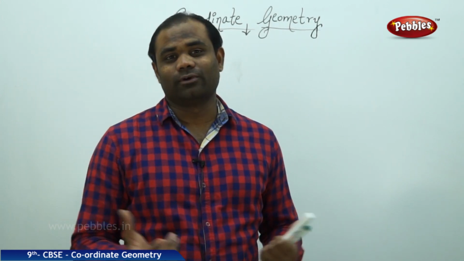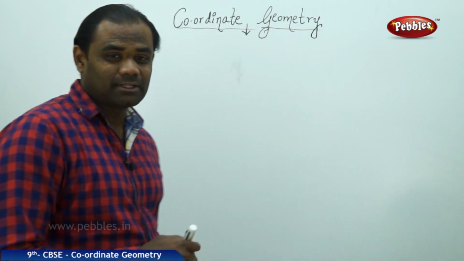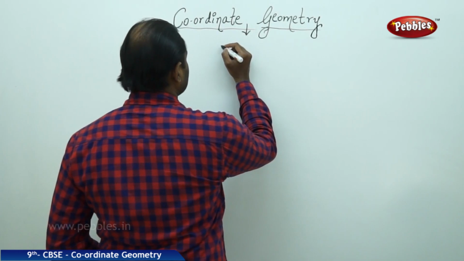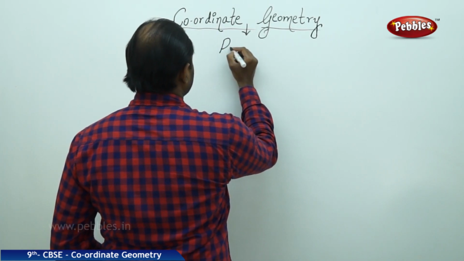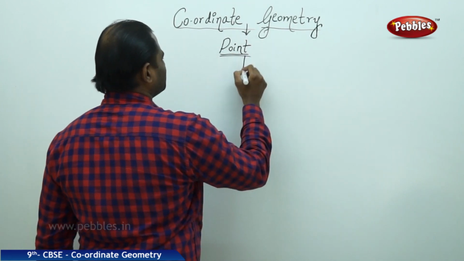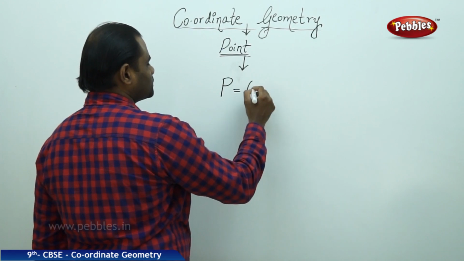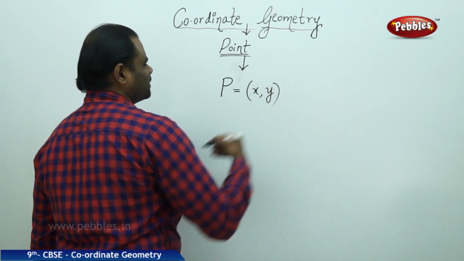Now that we have discussed even the special case of an origin, let's also realize the different types of terminologies used for the x and y coordinates of a point. As we have discussed, a point P in the Cartesian plane is generally denoted by (x, y).